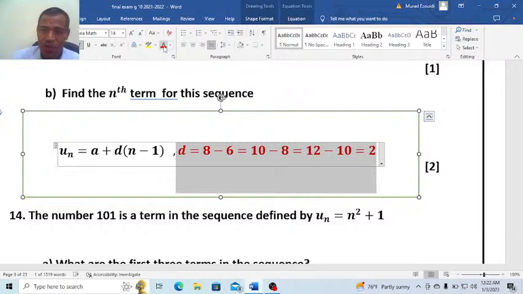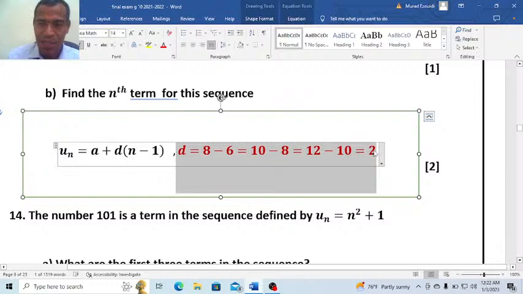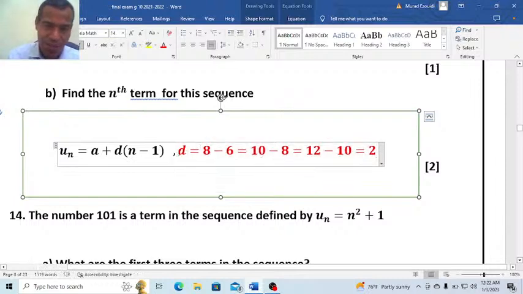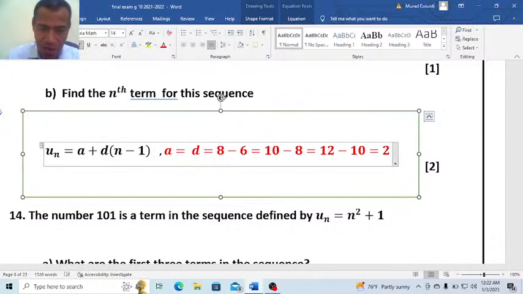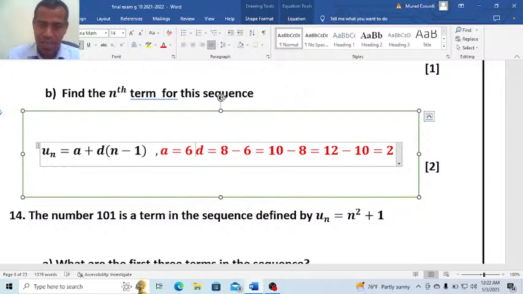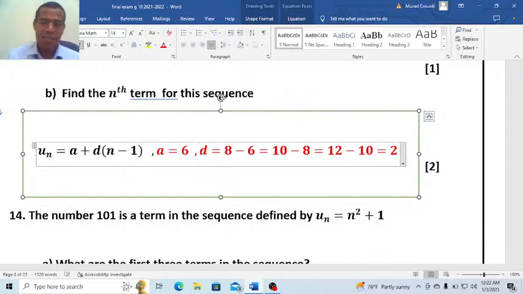Therefore now d is given, and a is what? Small a is equal to the first term in the sequence, which is 6, and d is 2.